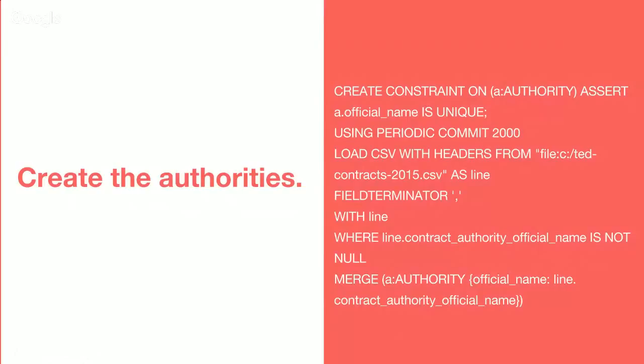That's a command to actually load a specific file. It's TED contracts 2015.csv, and I'm adding the WITH HEADERS to the command to later on be able to use the column names of that CSV file for simplicity's sake.